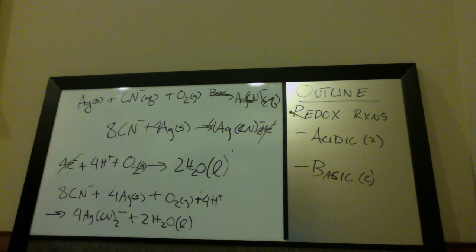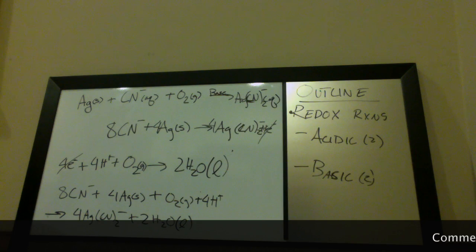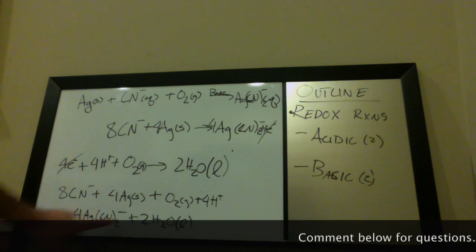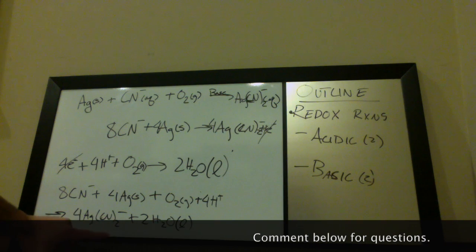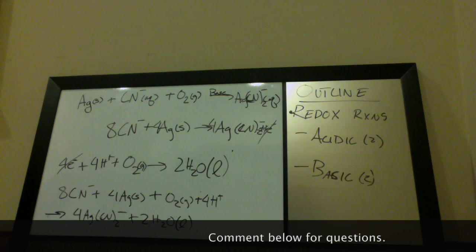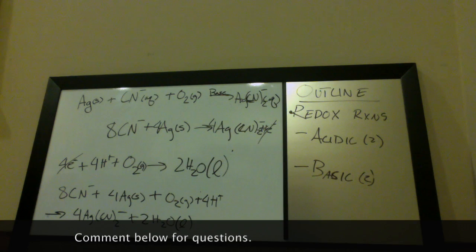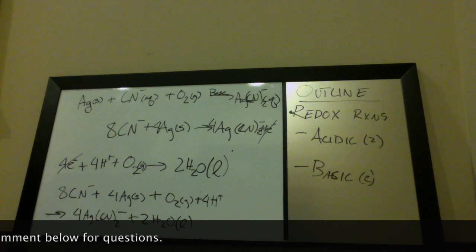Because this is a basic solution, we have to eliminate the hydrogen ions present, because this is not an acidic solution. We're going to add hydroxide ions to both sides of the balanced equation to eliminate the protons.